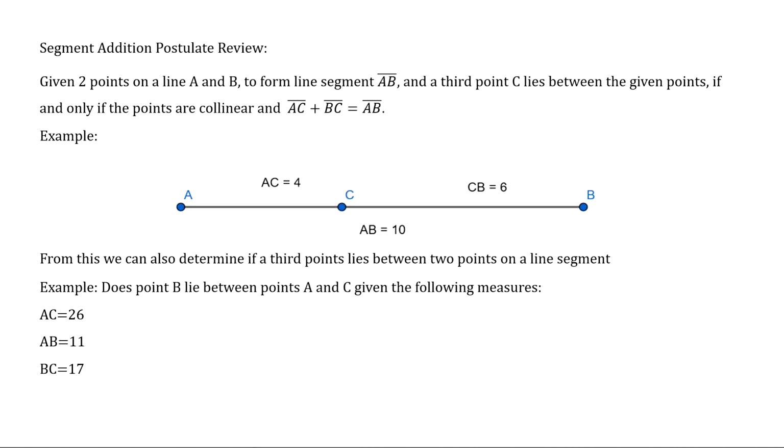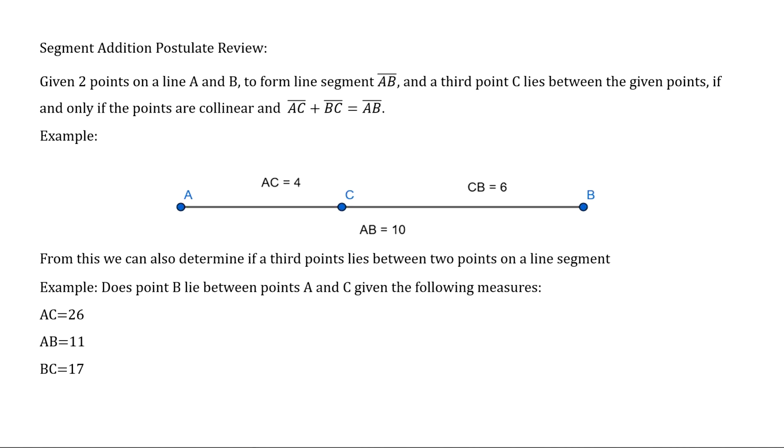A third point lies between the given points if and only if the points are collinear, and then segment AC plus segment BC equals segment AB. In our example, line segment AC is 4 units, line segment CB is 6 units, and the whole line segment is 10 units, so that works because 4 plus 6 is 10. So we can say that C is between those 2 points A and B.